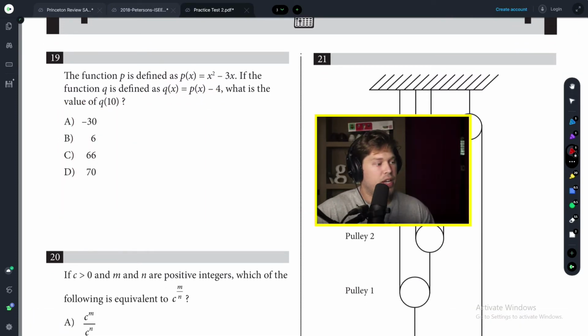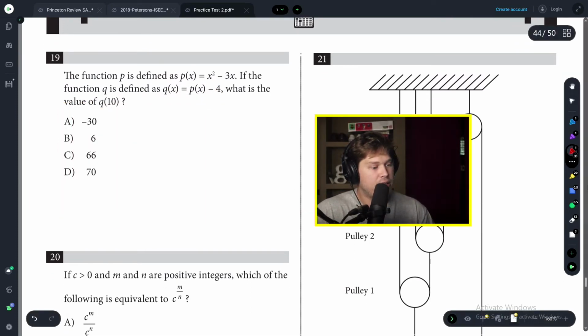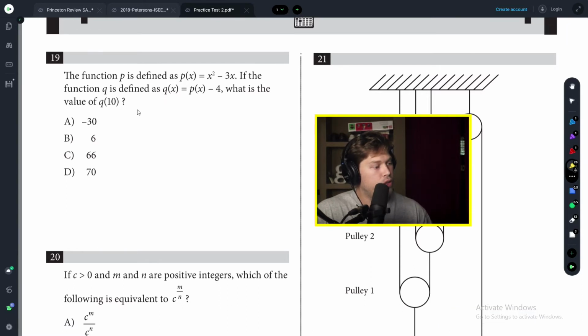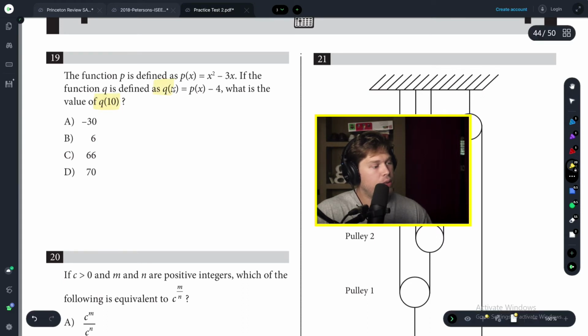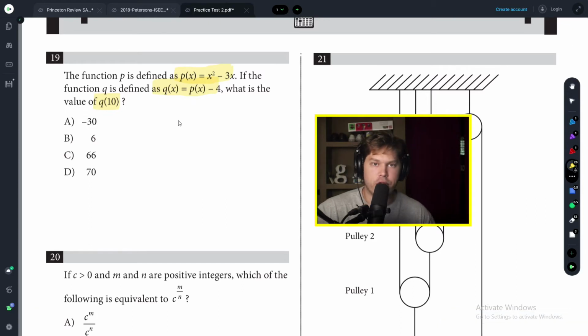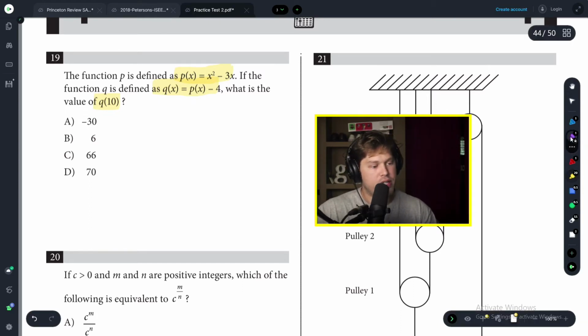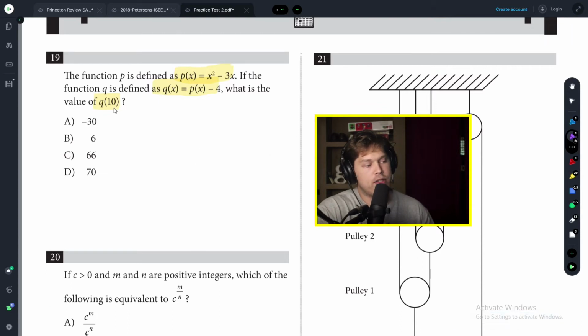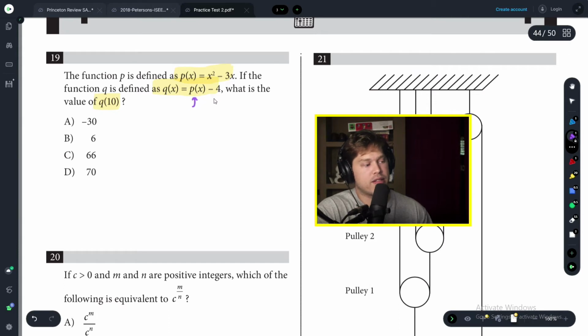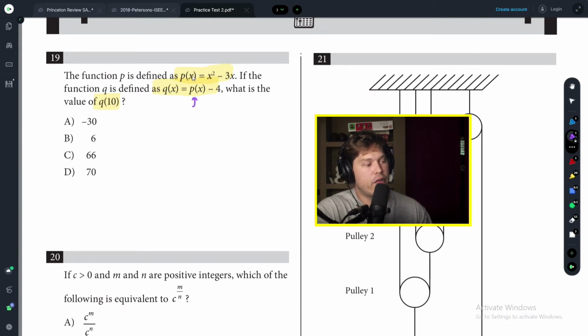Number 19, okay, the function p is defined as follows, and function q is defined as follows. Which of the following values is q of 10? Okay, so for this problem, this is a nested function problem, and they're easier than they look. All we're going to do is plug in 10 for x in the function of p, and then our output will tell us what we can plug in for p of x. So if we plug in 10 for the p of x function, we'll have what?